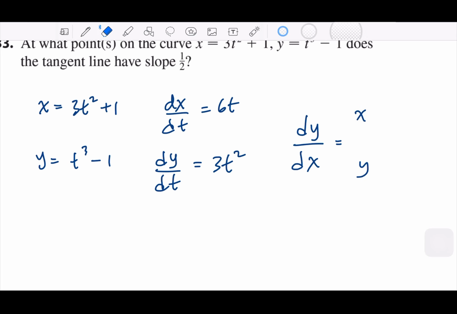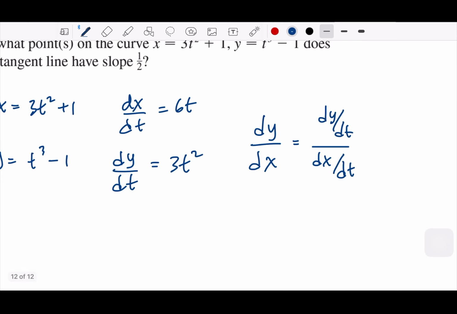That is a common mistake that still happens. The way is, this should be dy over dt, and this should be dx over dt. So be careful to check the equation before you put it in.